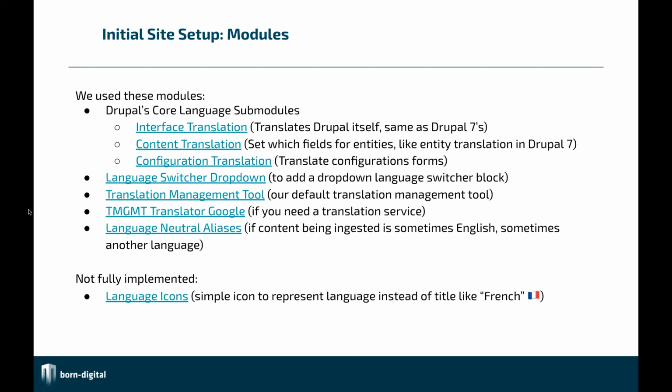The ones that we've taken the next step for, which is language switcher, which is just a little toggle to switch between the different languages. The big one, which is your translation management tool, TMGMT was the acronym for it. And the add-on we had for that was the Google translator.